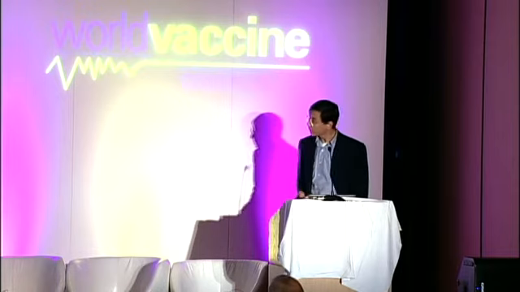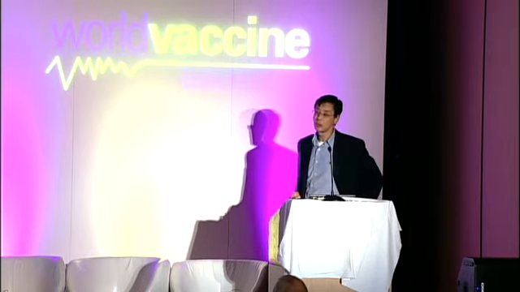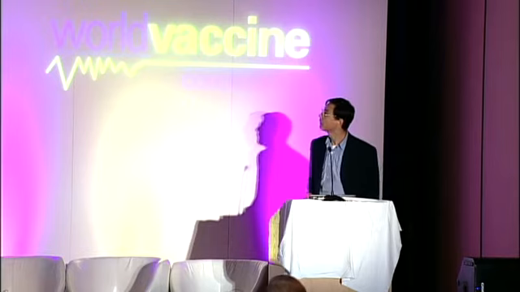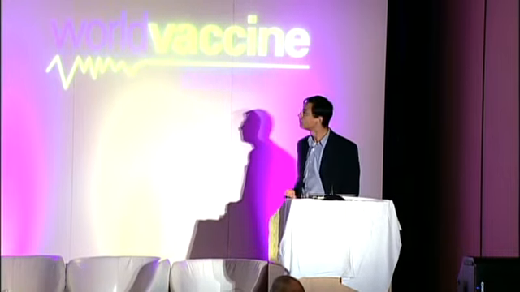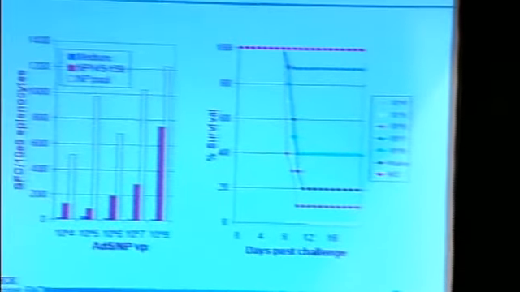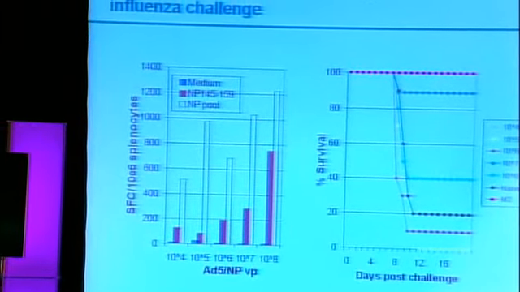Now let me switch very briefly to the second example. That is using recombinant adenovirus expressing nucleocapsid protein. As one of the panelists mentioned before, adenovirus is very good at presenting antigen and eliciting T-cell responses. In this case, on the left panel is the CTL response or CD8 response.